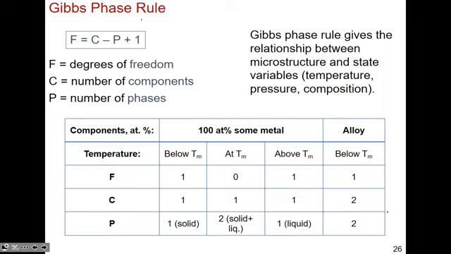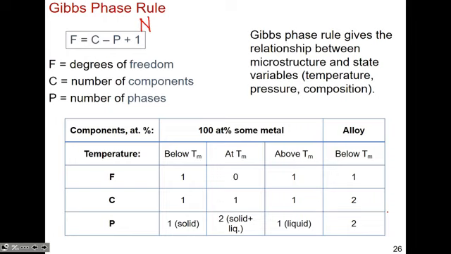Sometimes in certain books, like the other popular materials science book written by a person named Callister, they generalize it to N, which is the number of non-compositional variables. So are you changing pressure? Are you changing temperature? What are you changing?